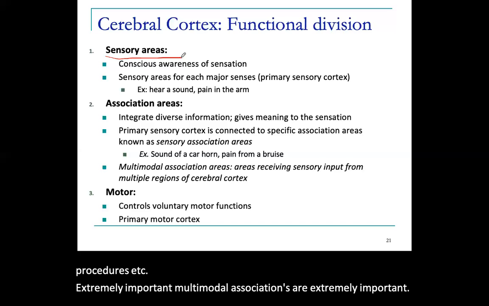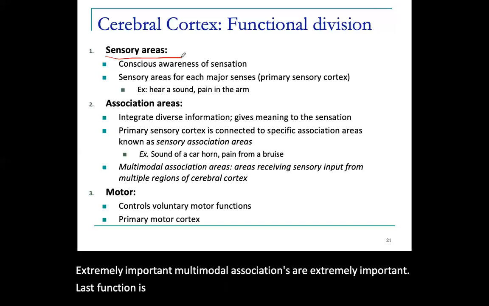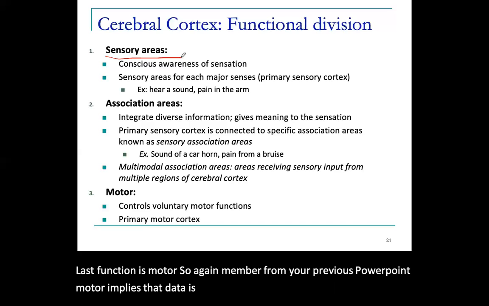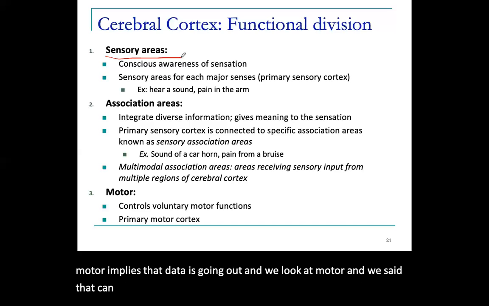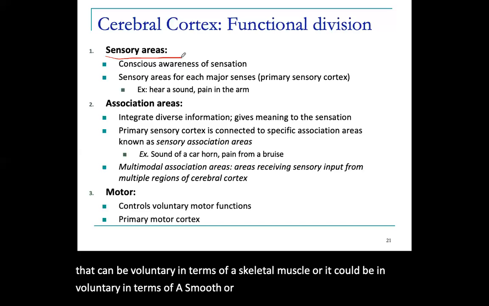The last function is motor. Remember from your previous PowerPoint, motor implies that data is going out. We looked at motor and said that it can be voluntary, in terms of skeletal muscle, or involuntary, in terms of smooth or cardiac muscle, or your glands releasing their secretions.